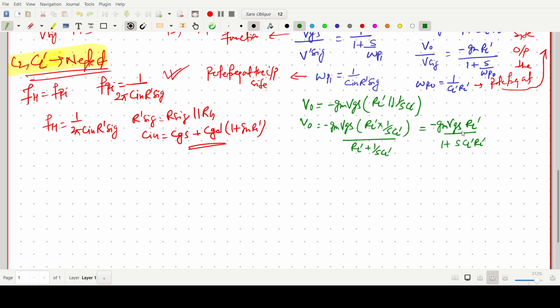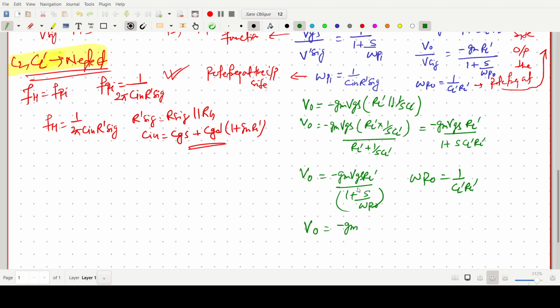Then V naught can be written as minus Gm VGS RL dash by 1 plus S by omega P naught, because omega P naught is nothing but simply 1 by CL dash RL dash. So V naught equals this expression, and one can write V naught equals minus Gm and VGS.